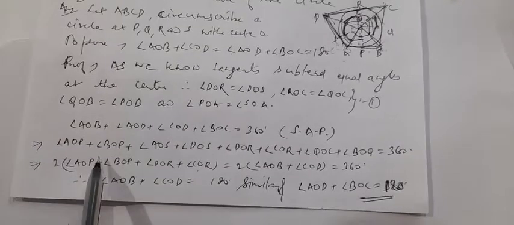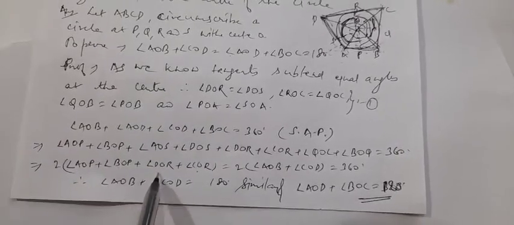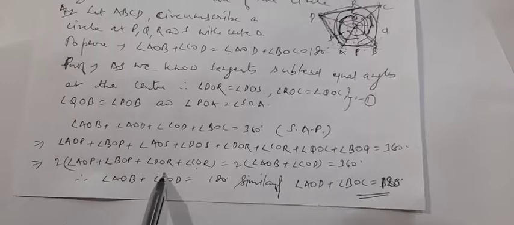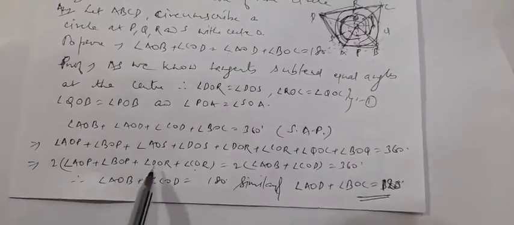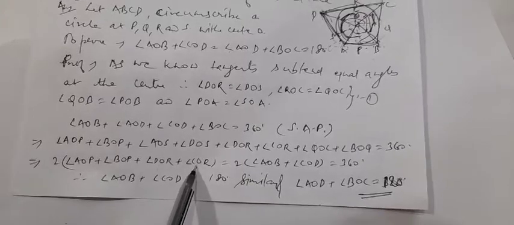Similarly, angle BOP, angle DOR and angle COR can be written as twice of angle AOP plus angle BOP plus angle DOR plus angle COR.